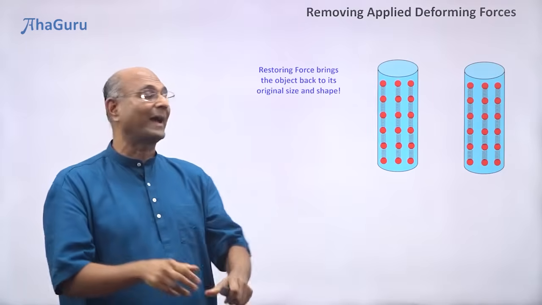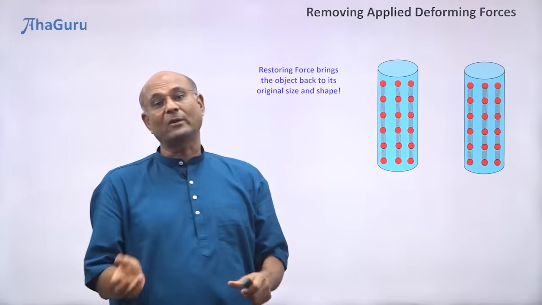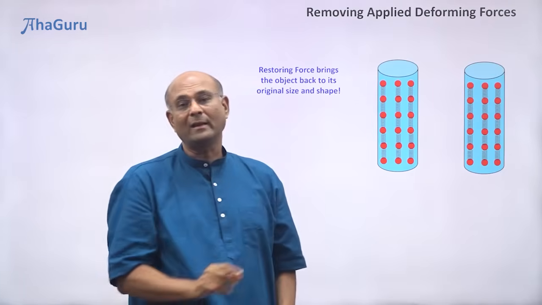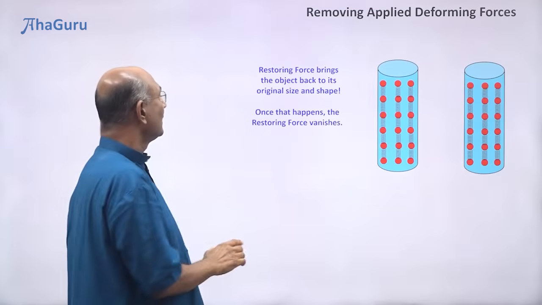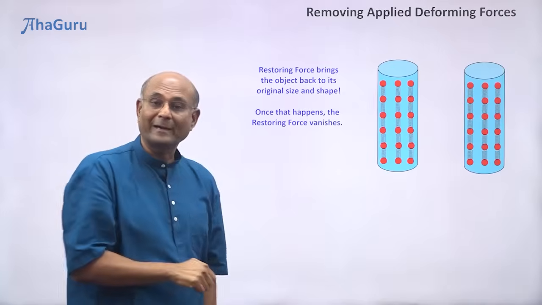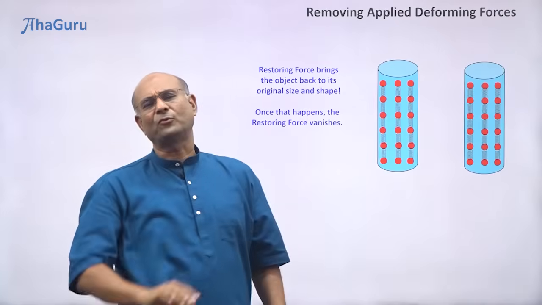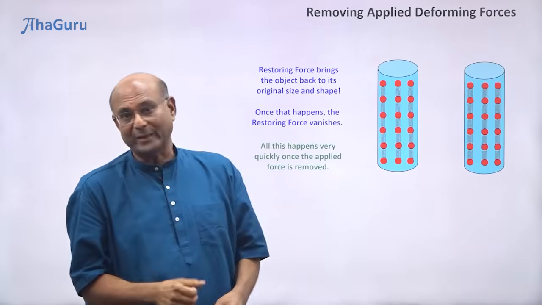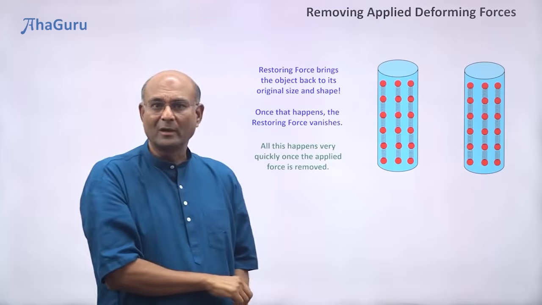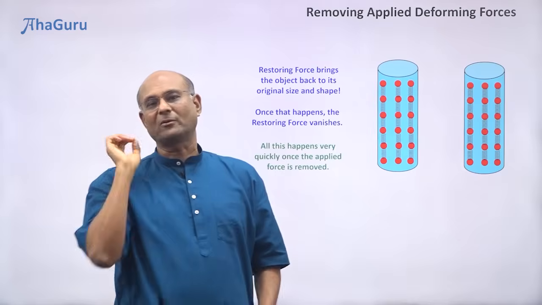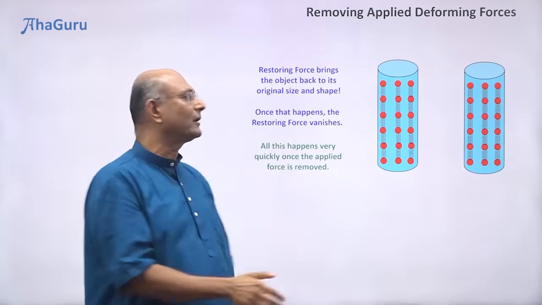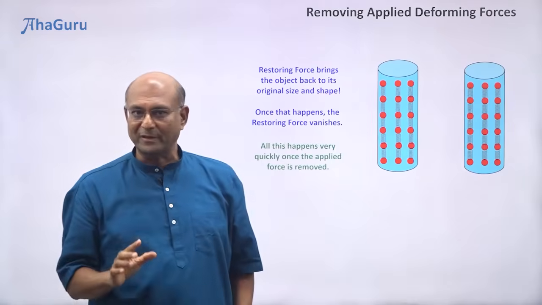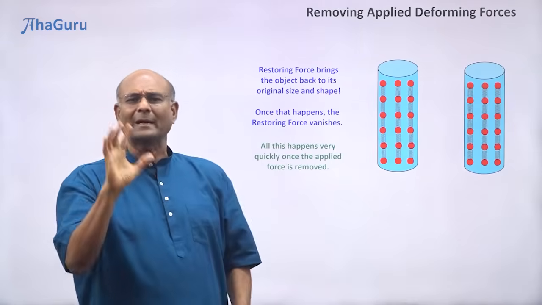They continue to act until the object goes back to its original configuration. Once that happens, the restoring force finally vanishes. Of course, all this happens very quickly as soon as the applied force is removed, but it still takes a little bit of time for it to come back to its original configuration.